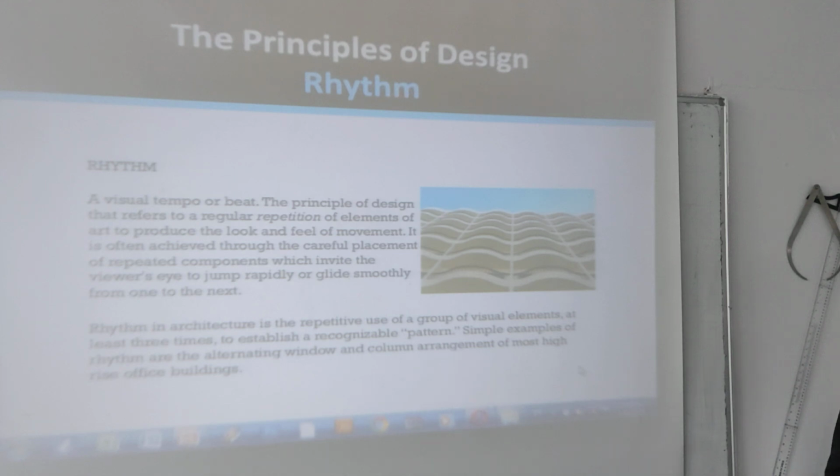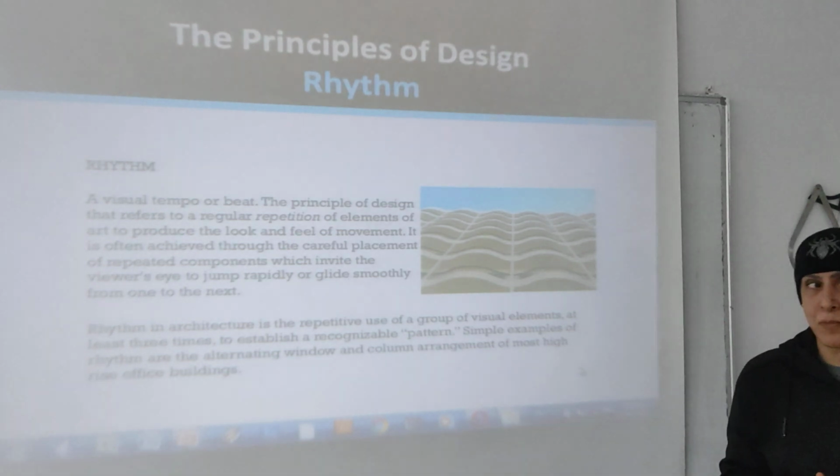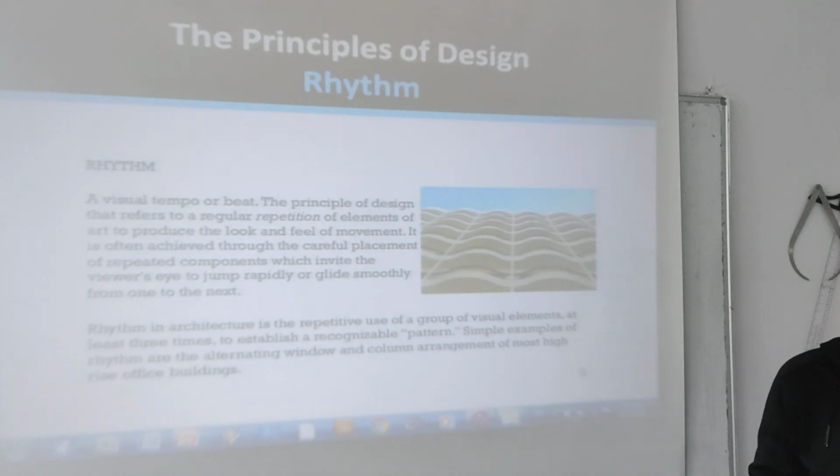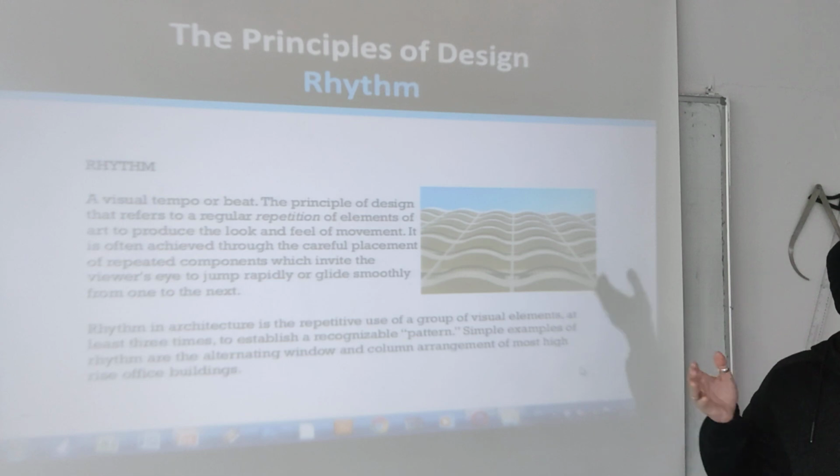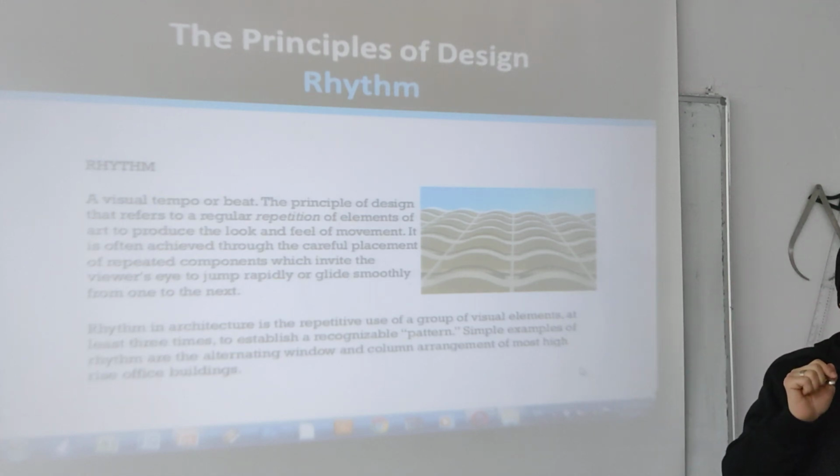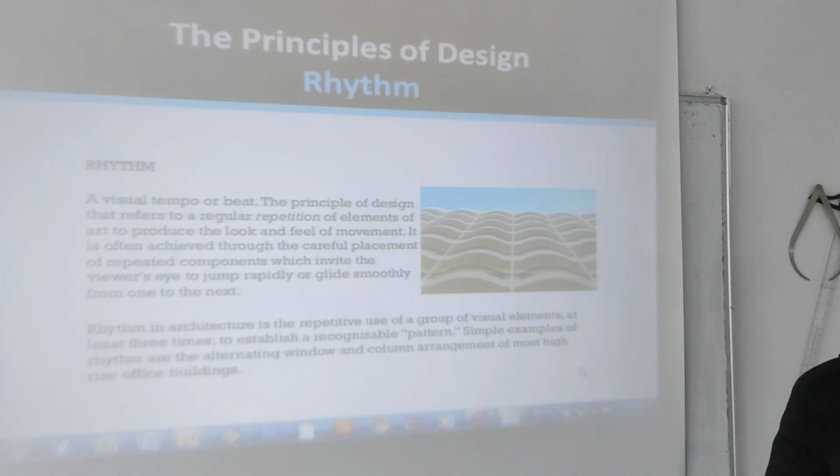The meaning of rhythm as a word. Everybody heard about the word rhythm. When you listen to music, every song has a rhythm to it. But this is listening to music. We also have a visual rhythm, visual meaning using our eyes.